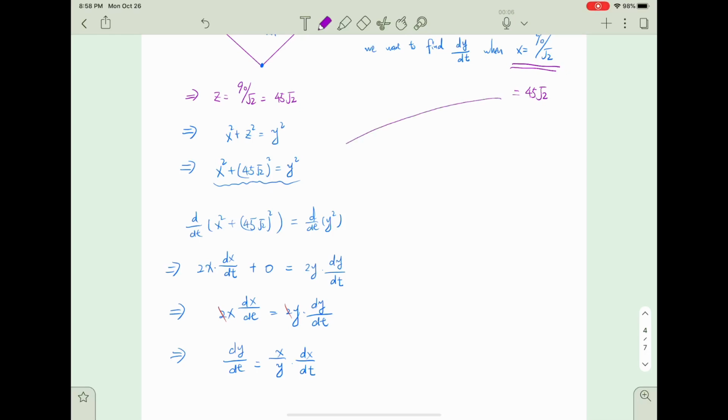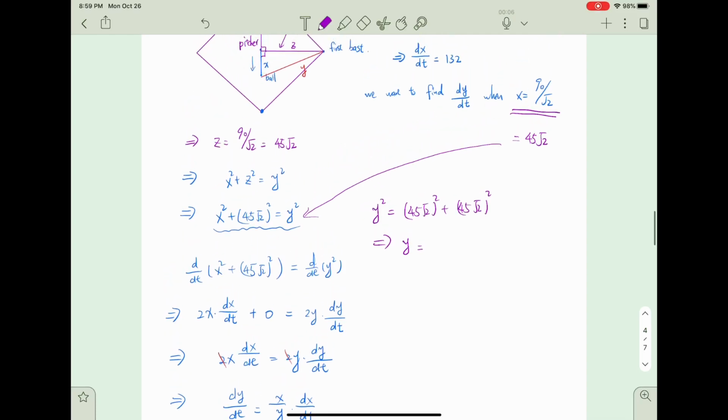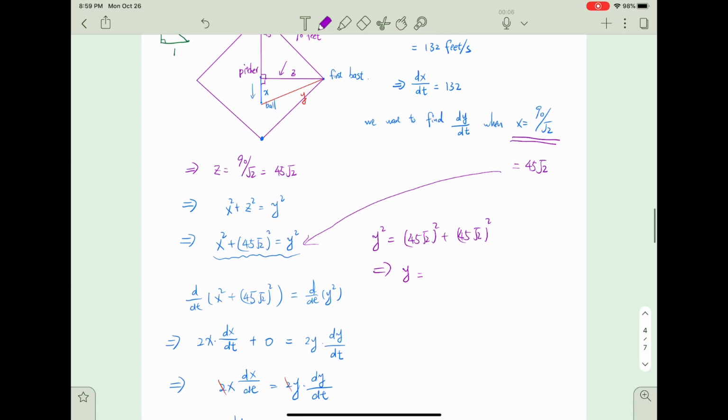So plug in x equal to this into this equation. y squared equals 45 square root of 2 squared plus 45 square root of 2 squared, and it gives you that y is actually just 90 at this time.